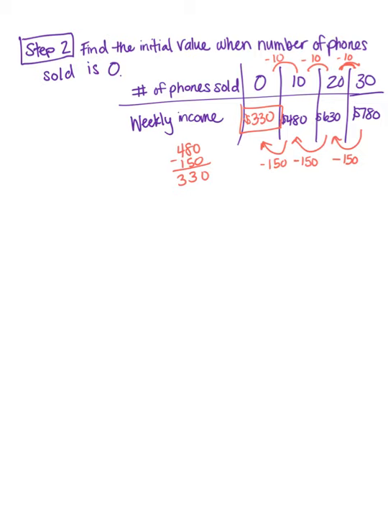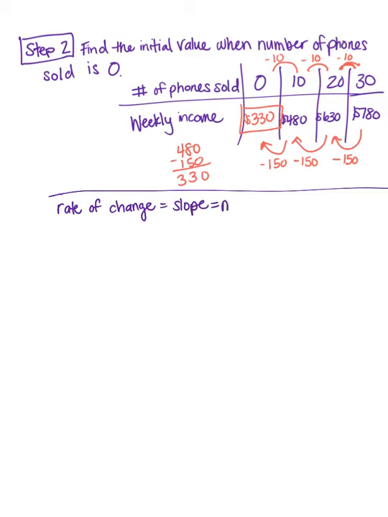That's our initial rate of change. So we need to know that the rate of change is the same thing as slope, which equals our m in our equation, y equals mx plus b.